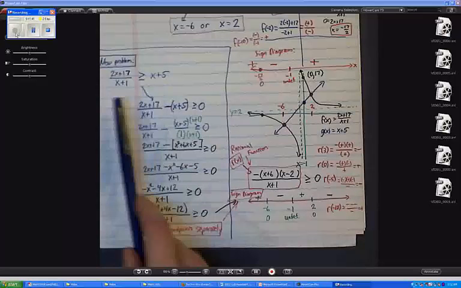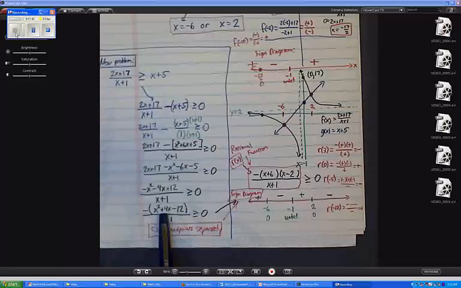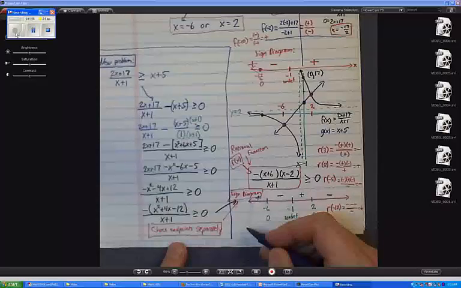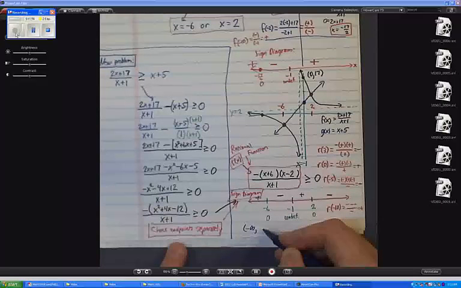And all this work shows me that'll be true wherever this r of x function is bigger than or equal to 0. Are you guys with me? Now I claim that r of x is bigger than or equal to 0 anywhere from -infinity up to where? -6.